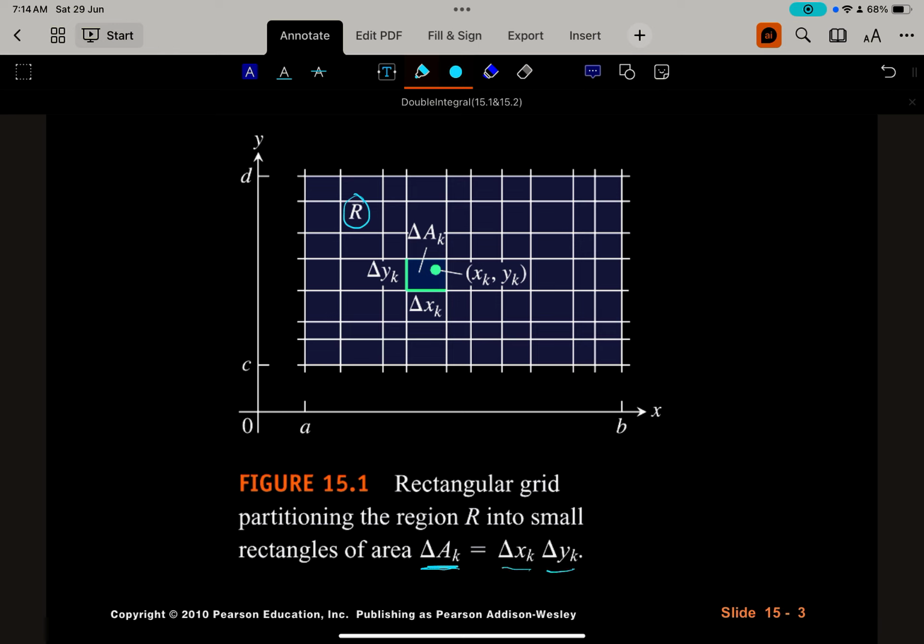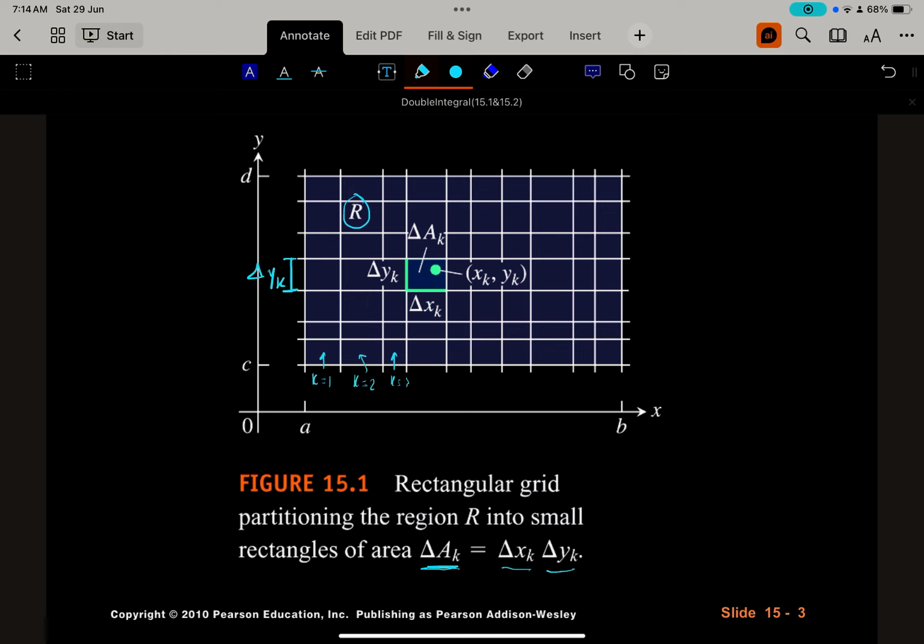So multiplying the change in y, this is the change in y, delta y k, and k basically refers to the square itself. So this can be k equals 1, this can be k equals 2, this k equals 3, so referring to each square, just like a reference.